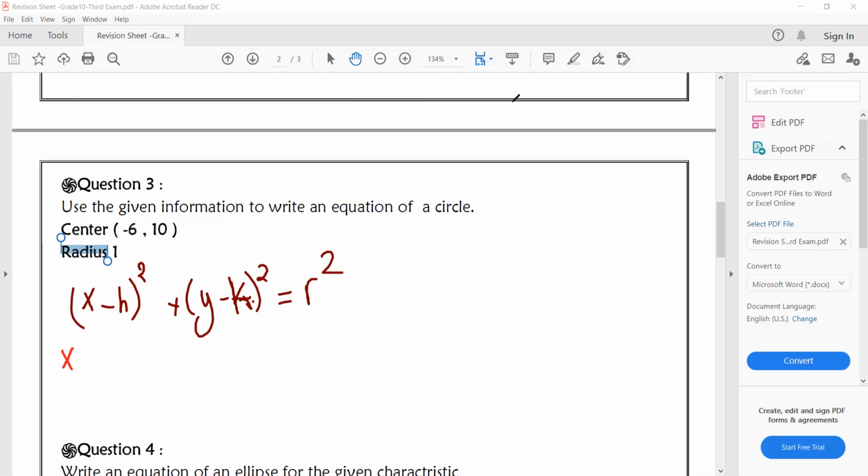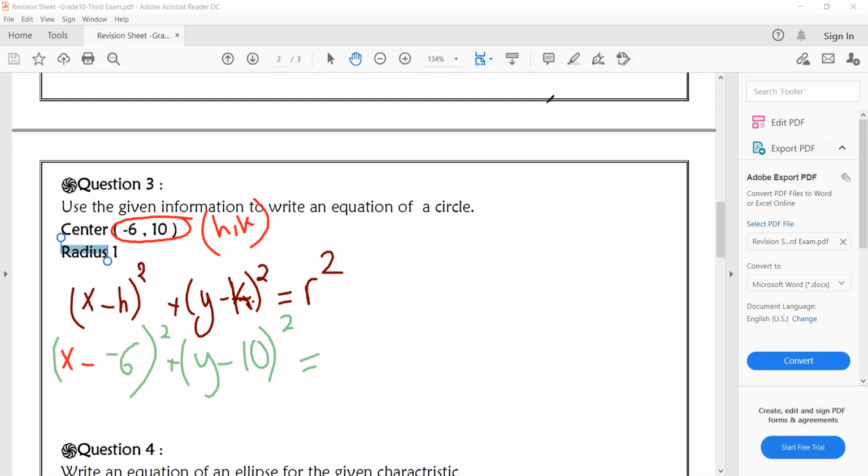Now look at the center here. The center means h and k. So it is x minus negative 6, so it's plus 6, plus y minus 10 squared equals what?